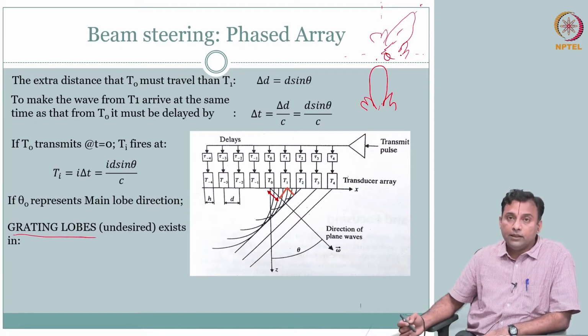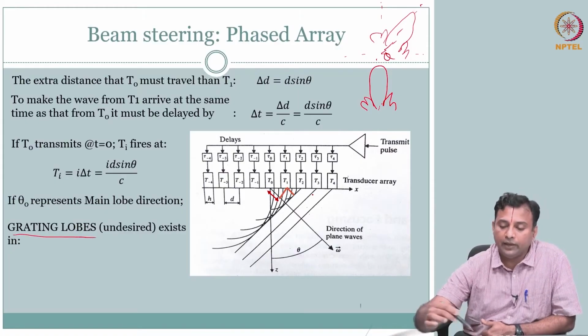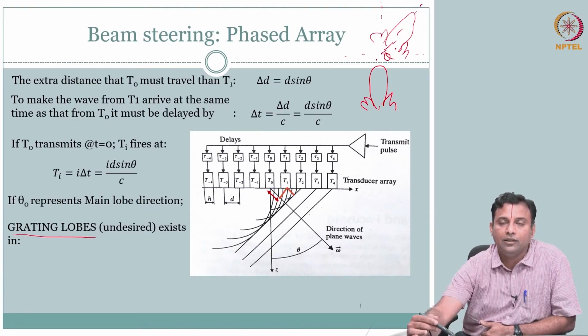So the problem is, when you are trying to look in this theta direction and you are trying to send the signal in the theta direction, whatever you are going to receive, you are going to think that it is coming only from the theta direction. Of course, there are these small side lobes, but we integrate over the side lobe, so it is just reducing the signal quality, but it's okay. I mean, it is a problem, but side lobe we know how to do apodization to minimize its effect.